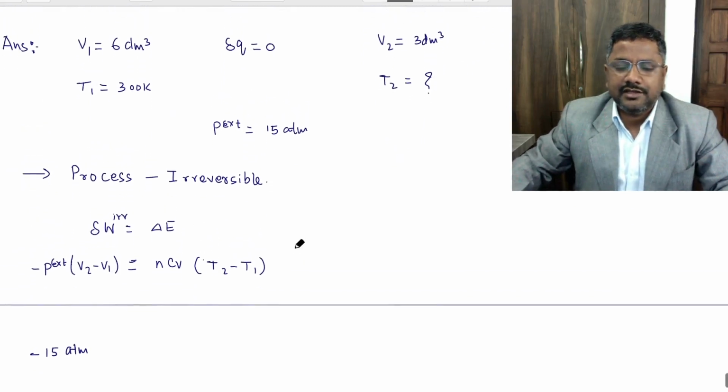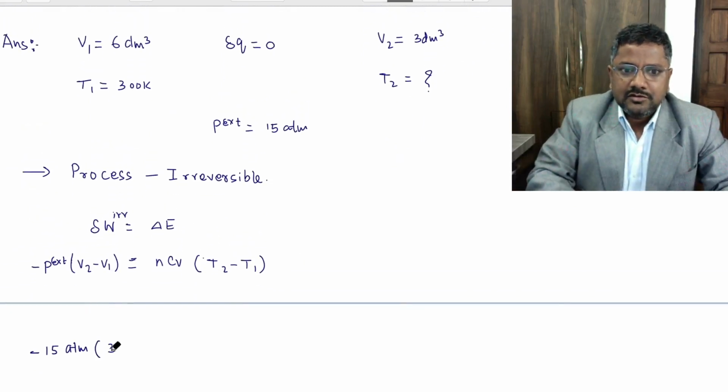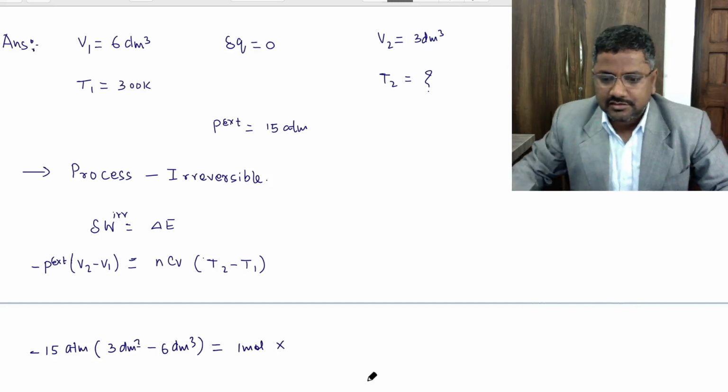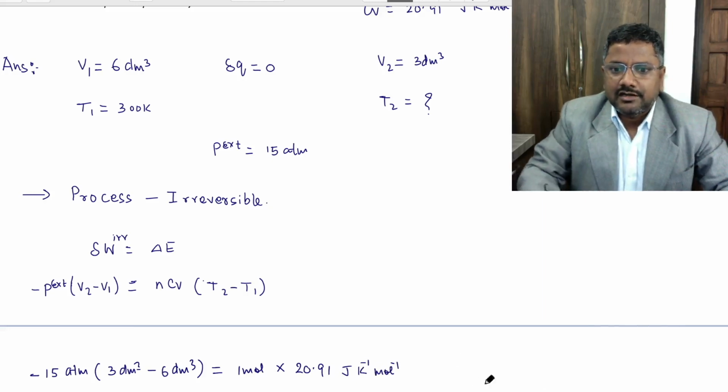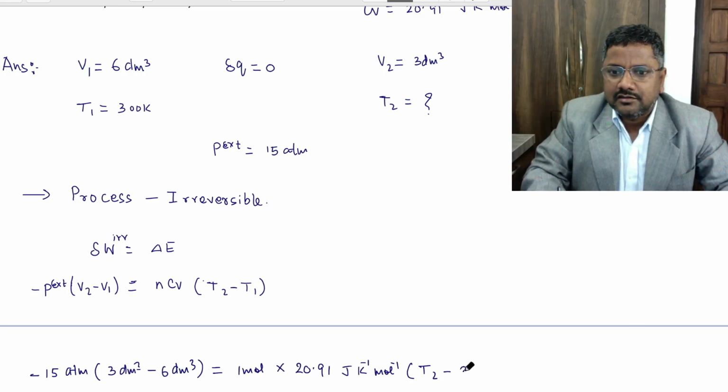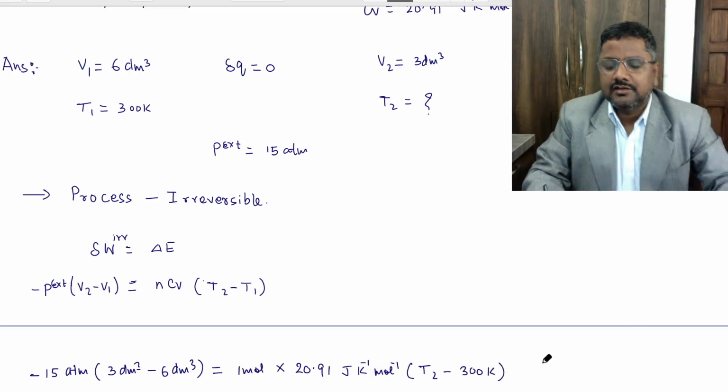So V2 is 3 dm cube minus 6 dm cube. This is equal to 1 mole multiplied by 20.91 joules per Kelvin per mole, and T2 is not given, and T1 is given, 300 Kelvin, right?